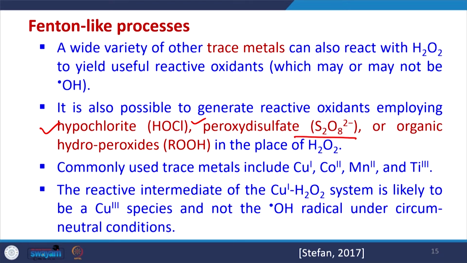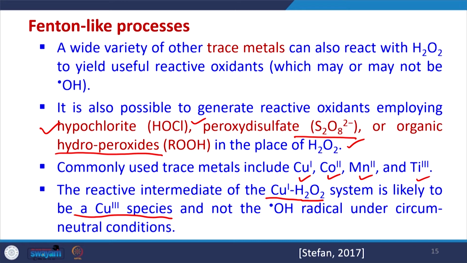Then we have hydroperoxides, which may be formed in addition to or in place of H2O2, and so we can use many trace metals. These may be copper, cobalt, manganese, titanium, etc. The reactive intermediate of these systems, like the Cu(I)/H2O2 system, may be a copper(III) species.